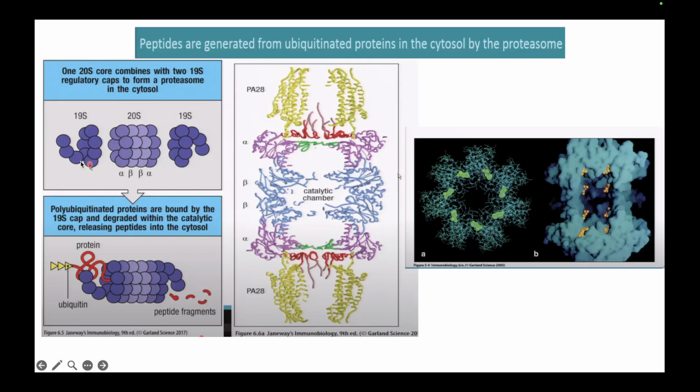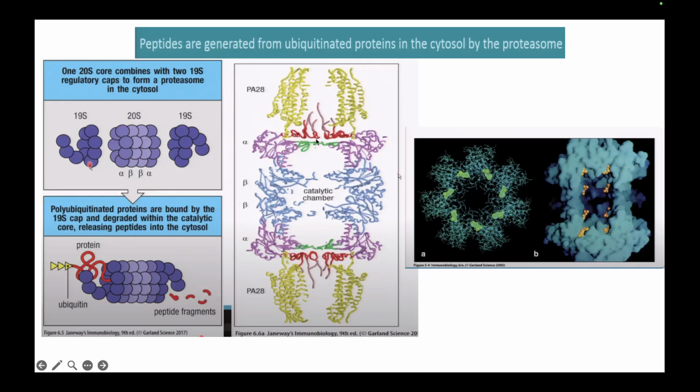It is a barrel kind of structure, and the protein synthesized in the cytosol gets ubiquitinated. Polyubiquitinated proteins are bound by the 19S cap and degraded within the catalytic core in between, releasing peptides into the cytosol. So there these peptide fragments are generated.